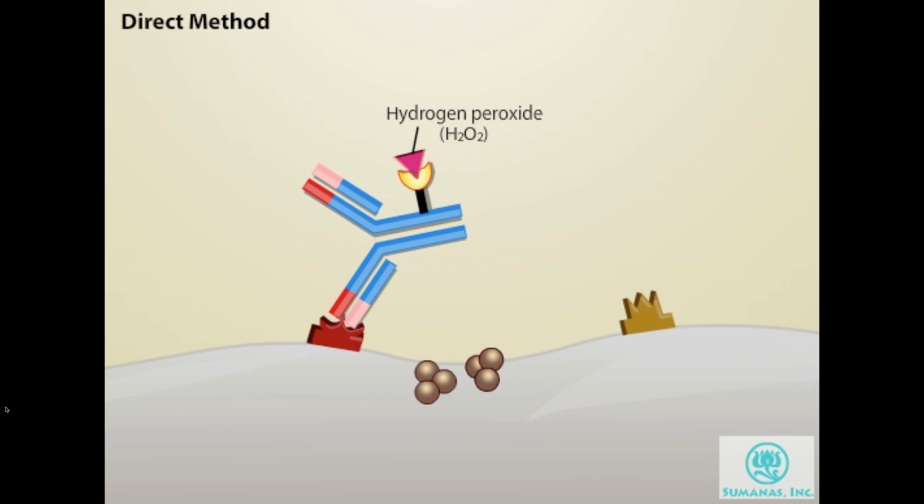Other chemicals can intensify the color of the reaction product. For example, adding nickel sulfate to the DAB mixture will turn the precipitate purplish black. The location of the precipitating product marks the location of the antigen in the tissue. In this example, the antibody was used to indicate which cells express a particular antigen.